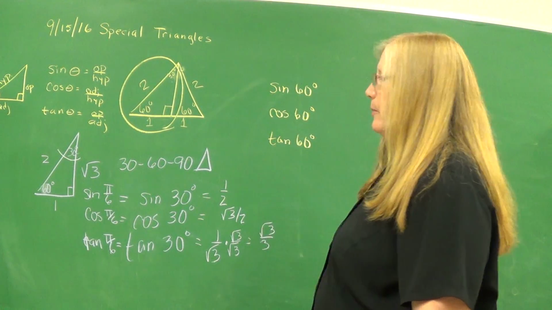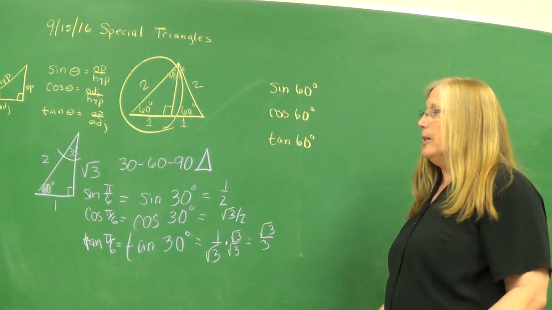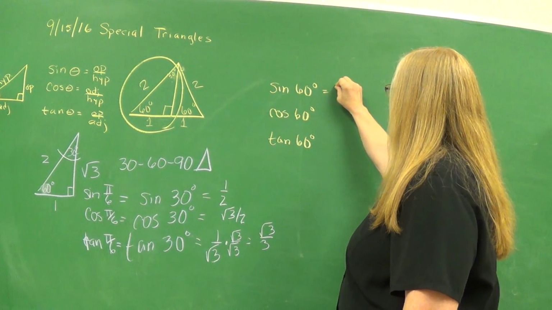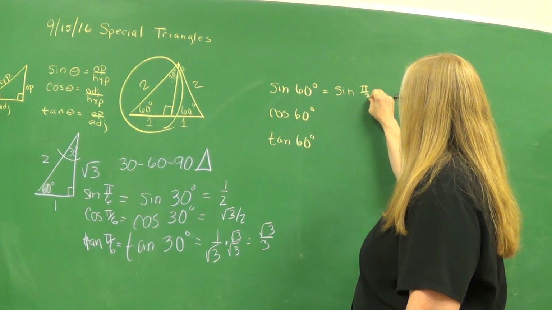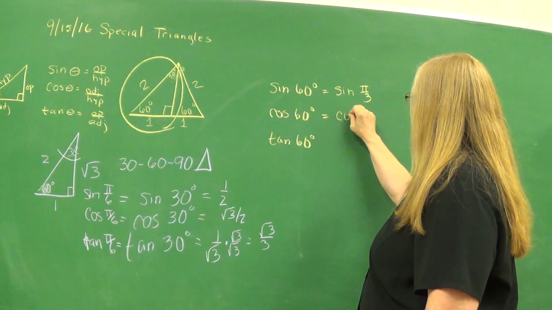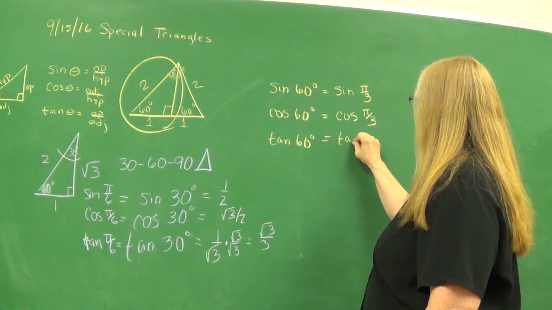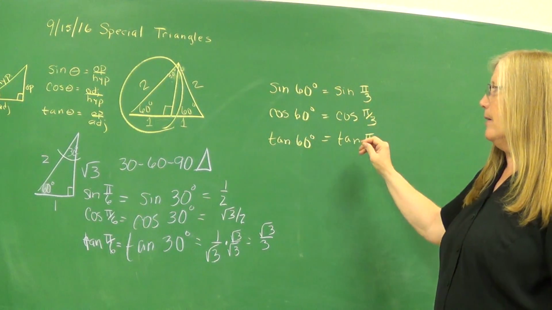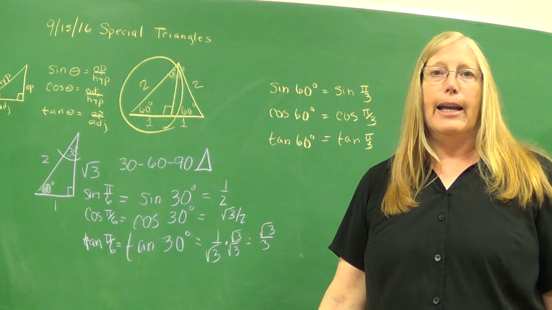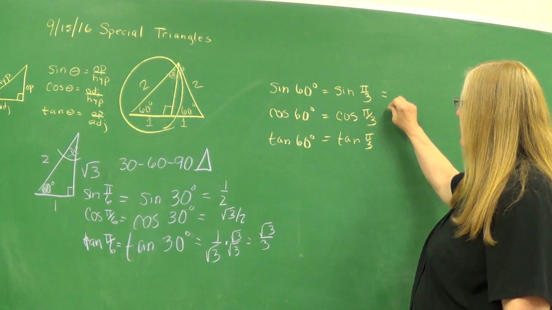If I was doing that one in radians, and you multiplied 60 by pi over 180, you would see that 60 degrees is pi over 3. So 60 degrees and pi over 3 in radians are the same angle.